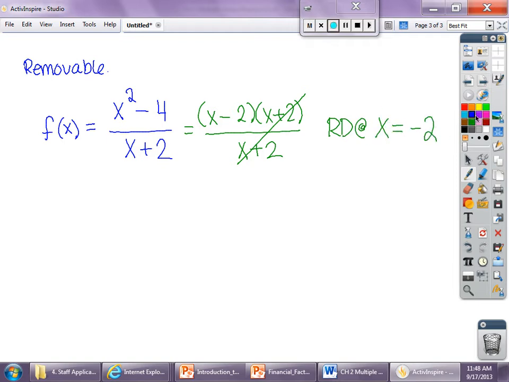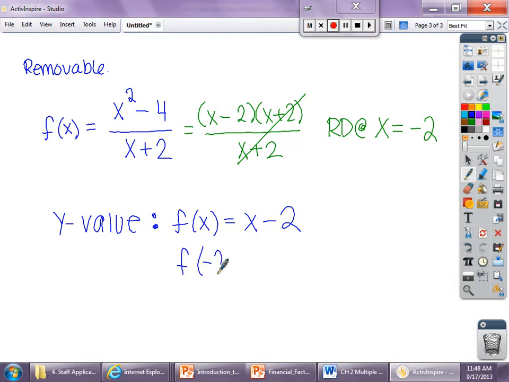What else did you learn about them? You learned that you could find the y value. How do you find the y value? You take the simplified version and then you substitute in the value. And you get -4. So the hole, or the removable discontinuity, is exactly at this point.